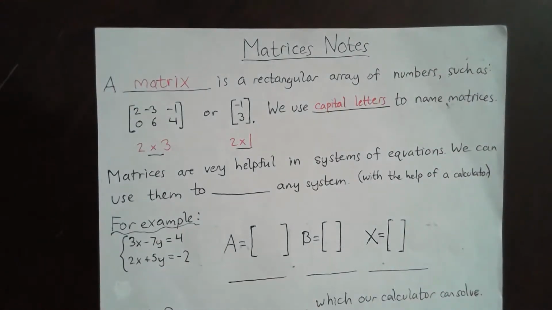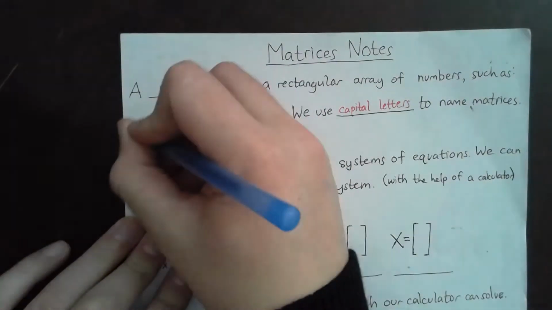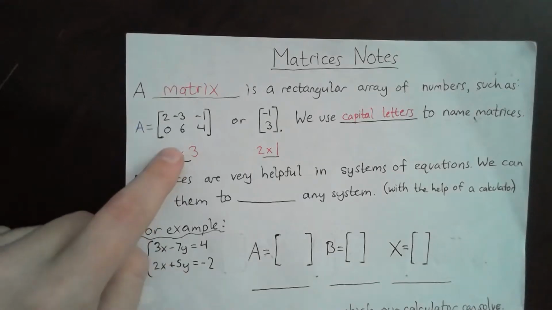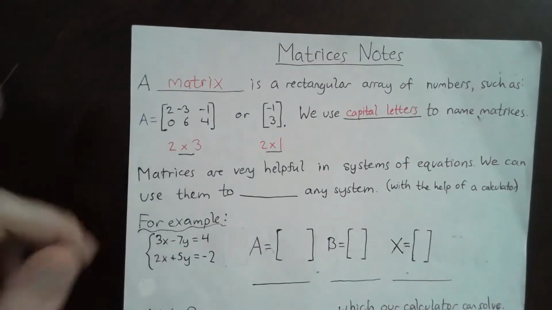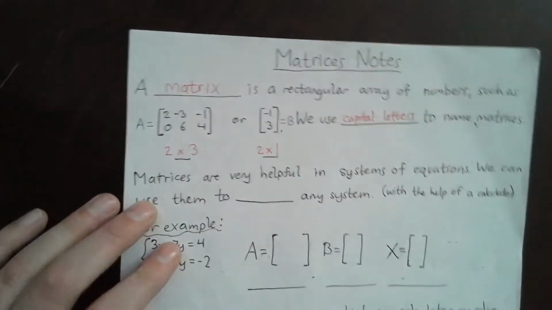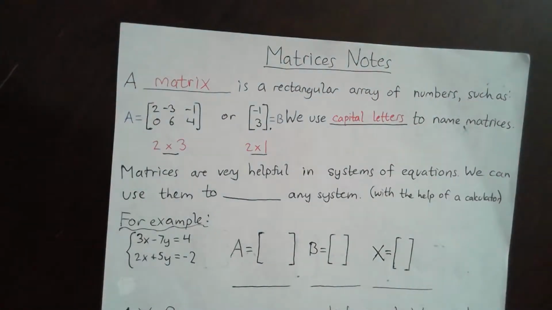When we refer to a matrix like this one, sometimes we might write A equals that. So anytime we want to refer to the matrix that's right here, instead of writing this whole thing out, we can just write A, or that is B. We can name them anything with a capital letter. You guys don't have to write that in, I just wanted to give an example.